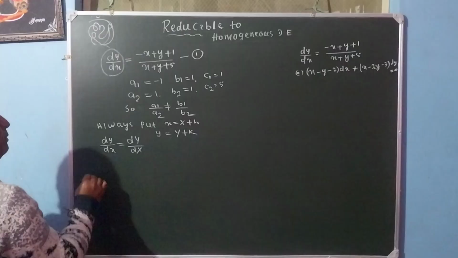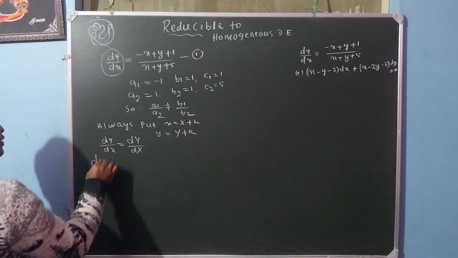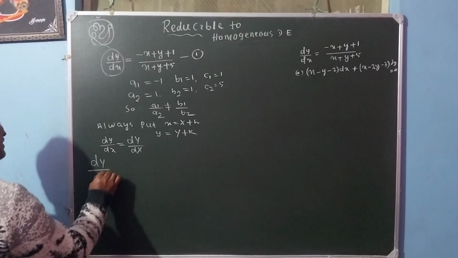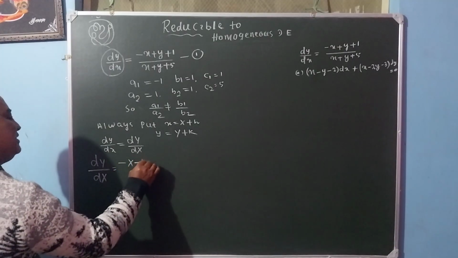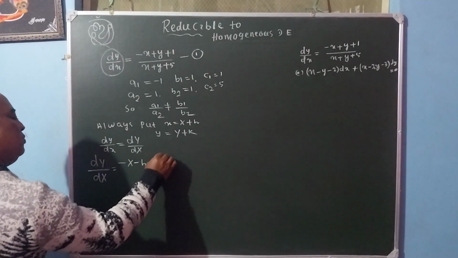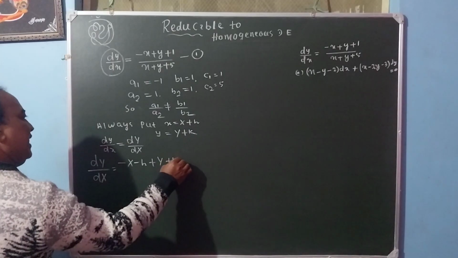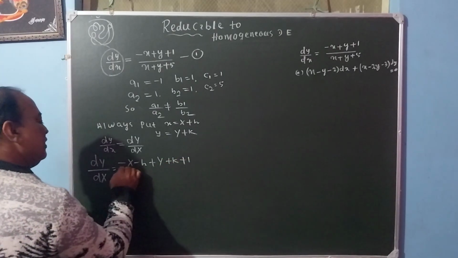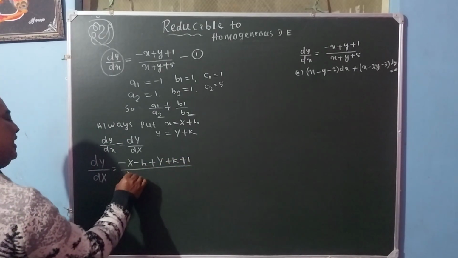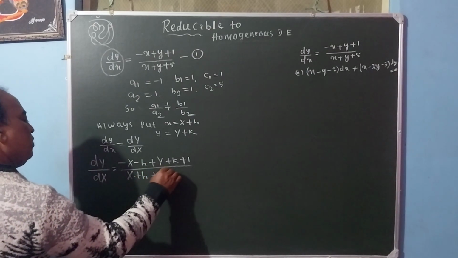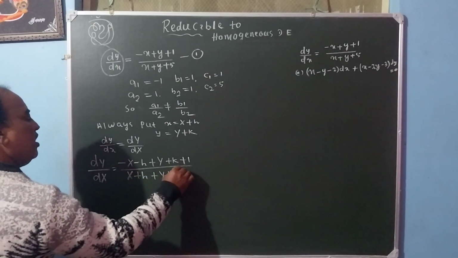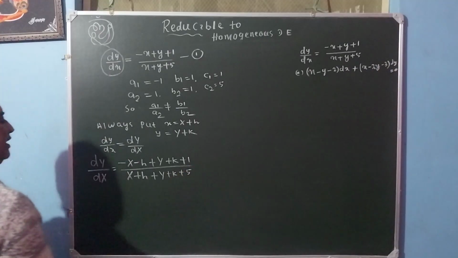So equation 1 becomes capital dy by dx is equal to minus X minus h plus Y plus k plus 1 divided by X plus h plus Y plus k plus 5.